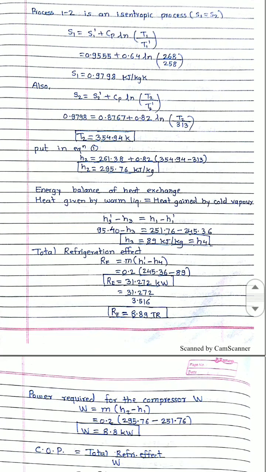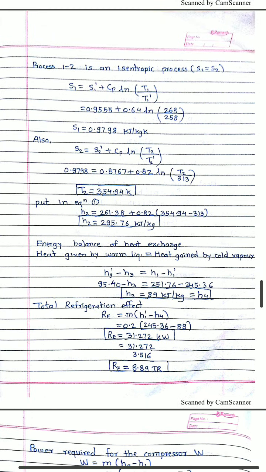Now if we apply the energy balance equation for the heat exchanger, the heat given by the warm liquid, remembering this is a closed loop system, is equal to the heat gained by the cold vapor. Therefore H3 dash minus H3, the subcooled region, is equal to H1 minus H1 dash, the superheat region.